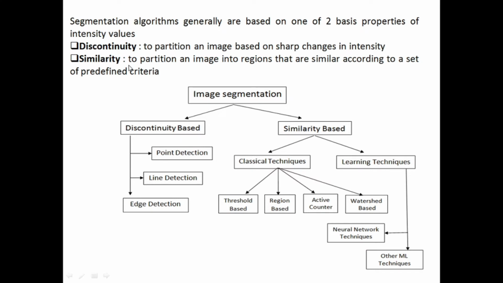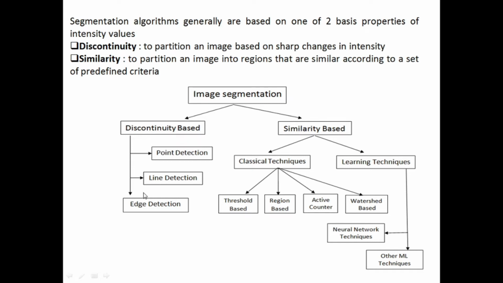In the next one, similarity based, we partition the image into regions that are similar according to a set of predefined criteria. So broadly, image segmentation is classified as discontinuity based as well as similarity based.